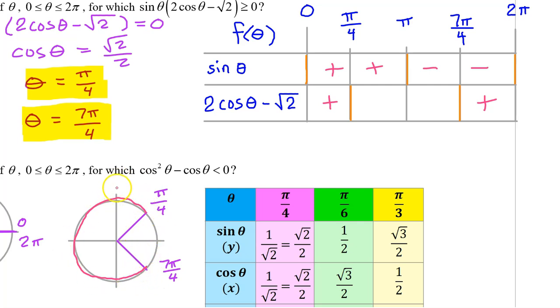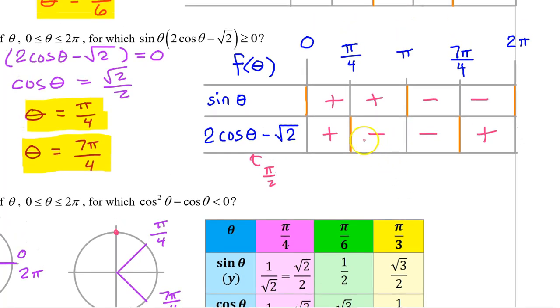An easy one to use would be pi over 2, because, again, cosine is the x value on the unit circle, and right here at pi over 2, the x value is 0. So in my mind, I'm thinking pi over 2 right now, where the cosine will be 0. 2 times 0 is 0, so that's gone, leaving negative radical 2. So that tells me that this factor will be negative in this interval.